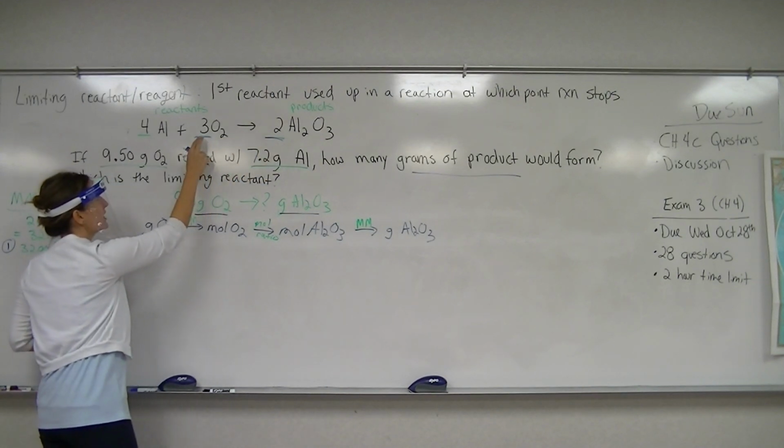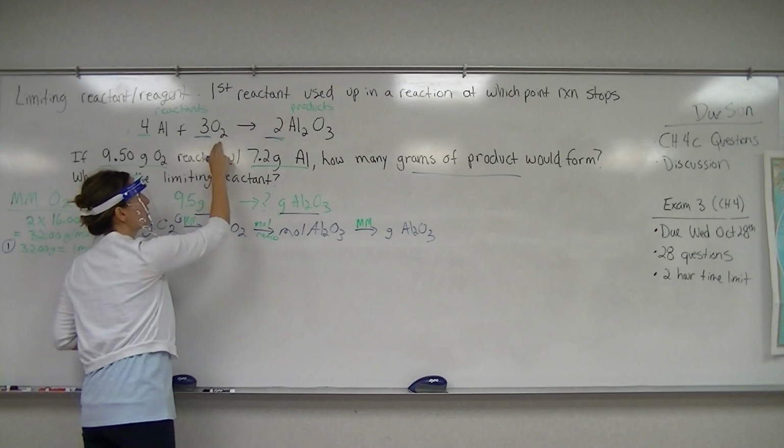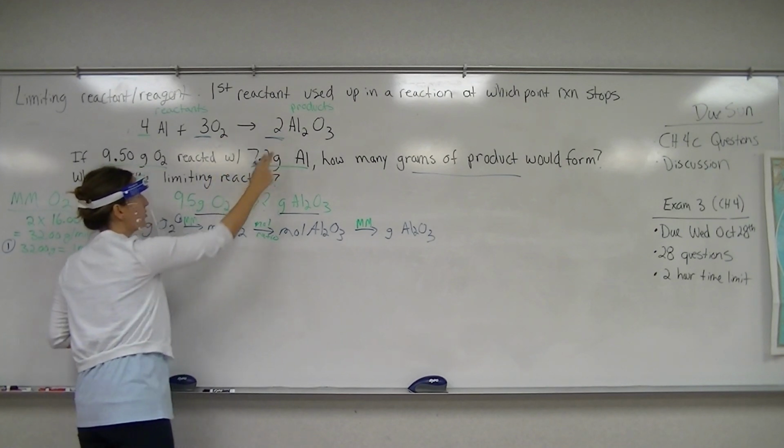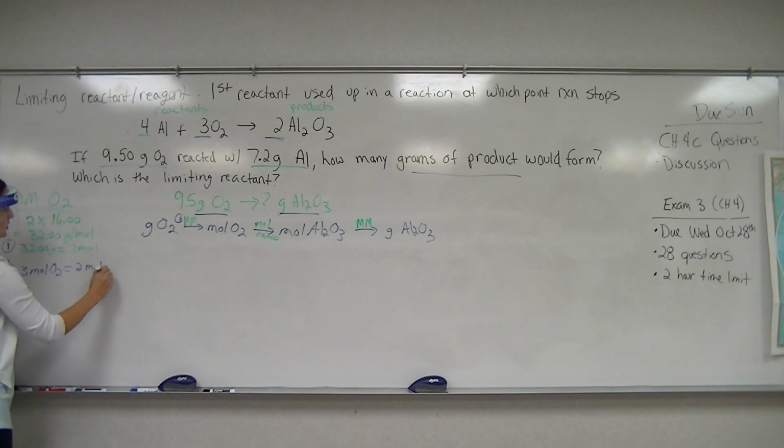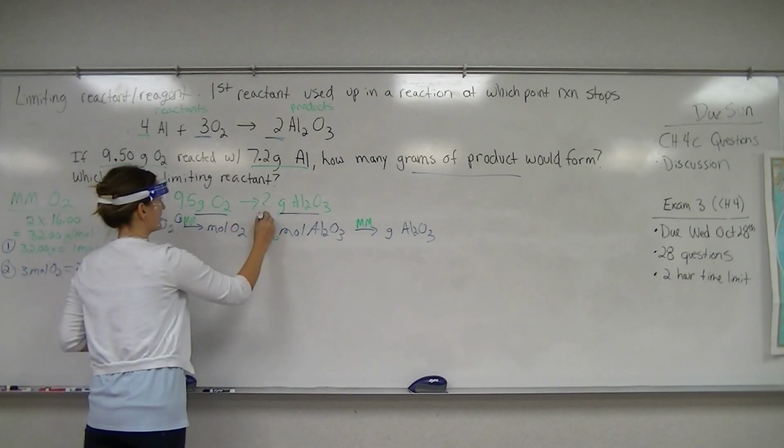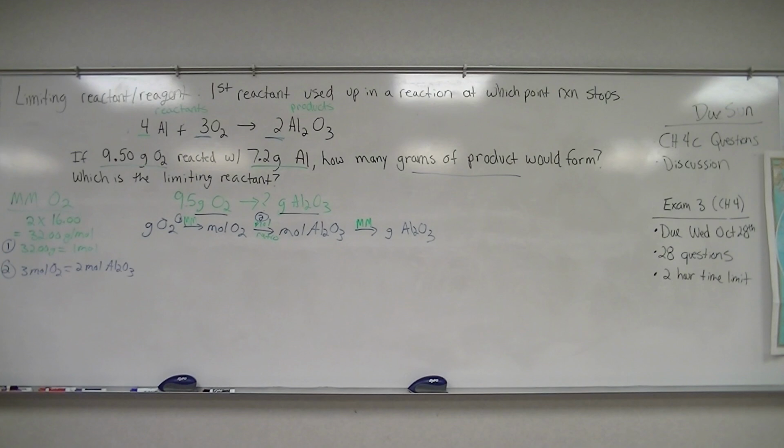So this means 3 moles of oxygen is going to produce or equal 2 moles of product. So that's my second conversion factor. 3 moles O2 is going to equal or make 2 moles Al2O3. So that's my second step, my second conversion factor.